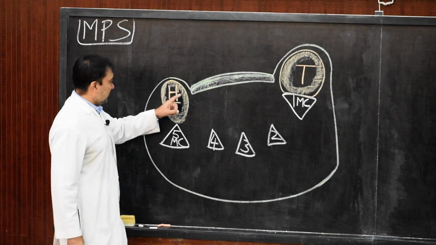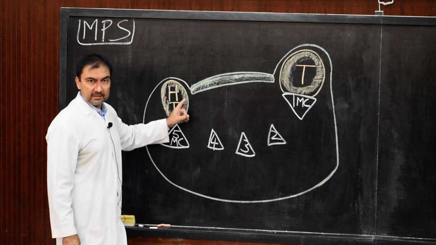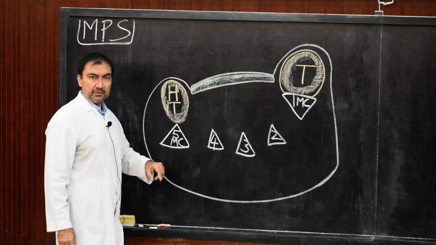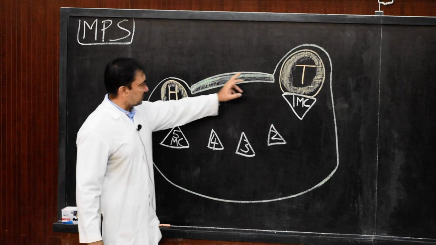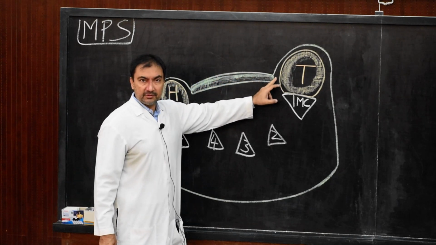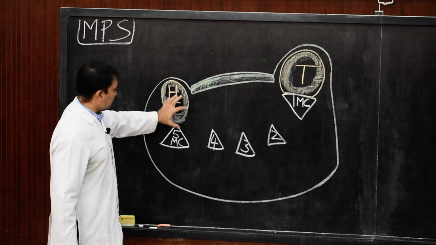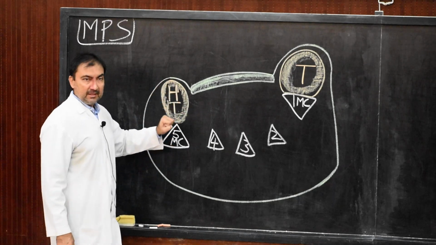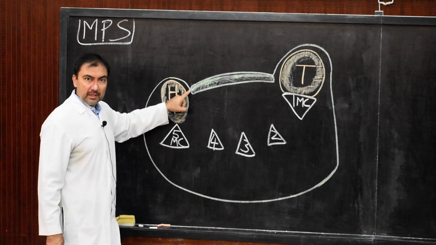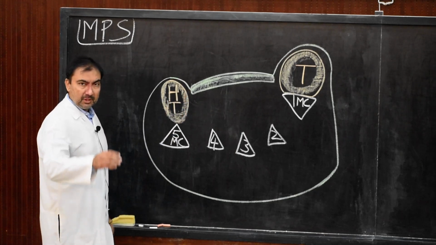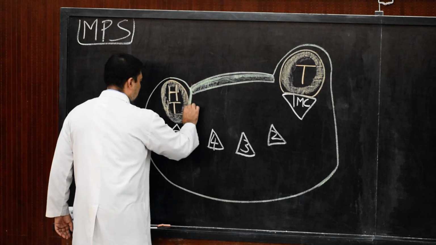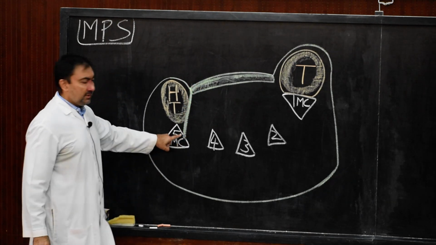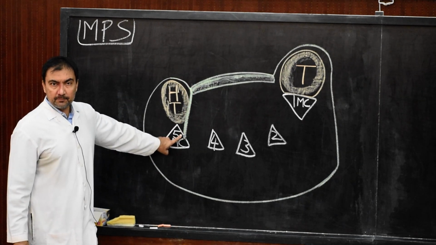Now the fascia covering the hypothenar muscles will fuse with the palmar aponeurosis. This is the medial ulnar border of the palmar aponeurosis, and this is the radial or lateral border. The fascia covering the hypothenar group of muscles will fuse with the medial border of the palmar aponeurosis, and from the medial border a fibrous septum will pass down towards the palmar surface of the fifth metacarpal bone.